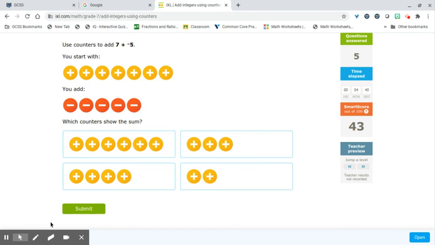So let's see what they would be. Instead of using additive inverse, could I just say 7 minus 5? What is 7 minus 5? Right, 2. And there's 2 positives left over. Good job.